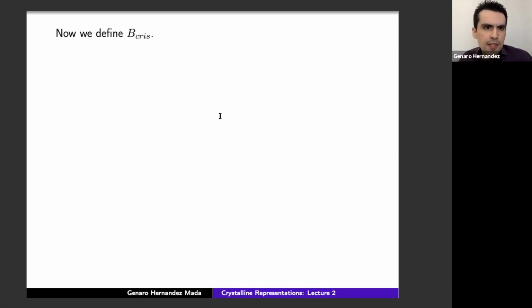I think it would be interesting for you to see in more detail, not the construction of the rings, but the geometric situations in which they are useful or used. So I will dedicate more time to that, and spend less time defining the rings.